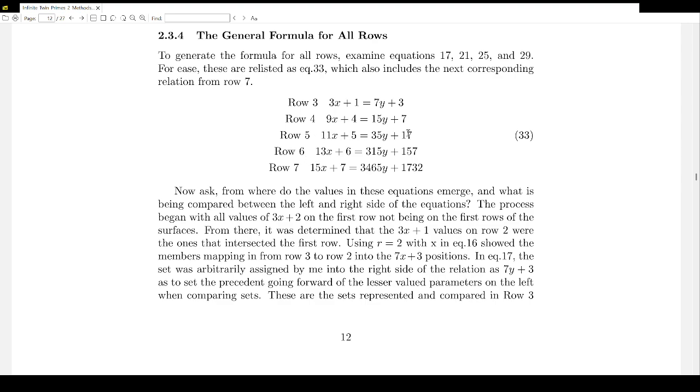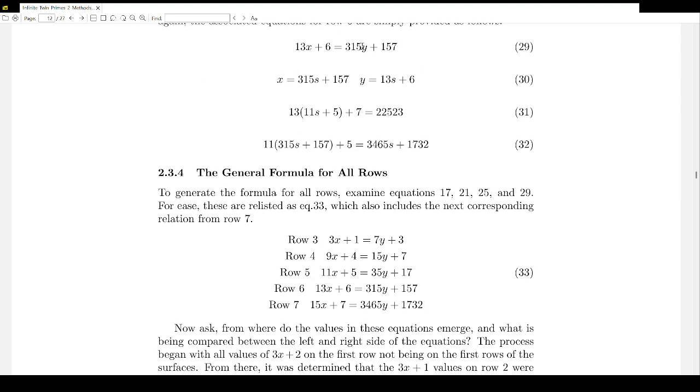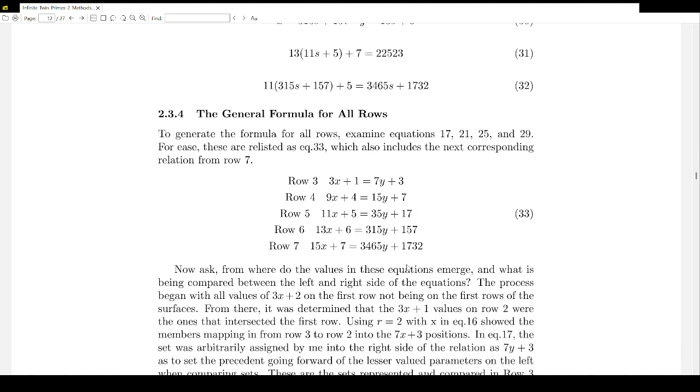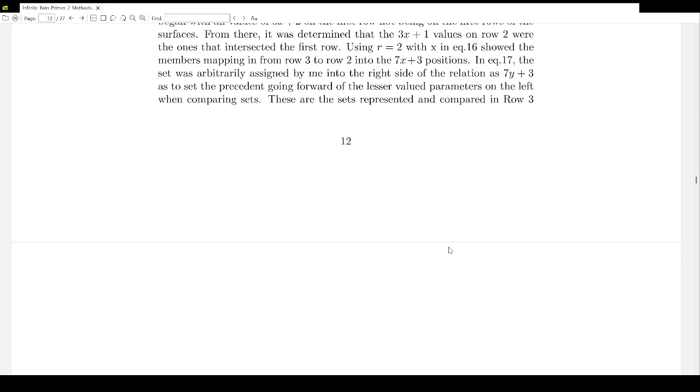These row 5 sets are what we use to generate the right side of row 6. If you go back and see where these numbers end up coming from, plugging the position functions into the line functions, this is what you're going to find. So the left side all comes from equation 16, and these right sides come from using the 2 values of the previous row. Okay, great.